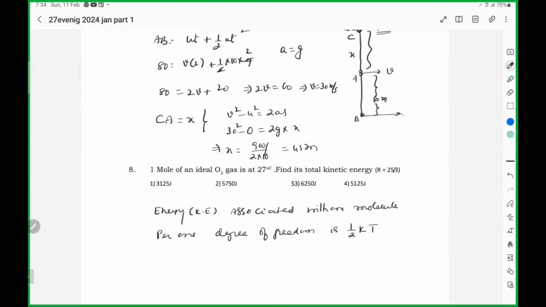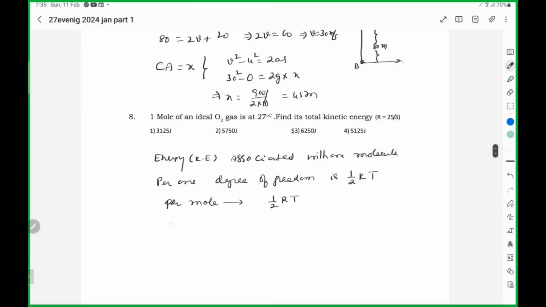Right. Now it is per mole. Per mole means the energy associated is this. This is for 1 degree of freedom.